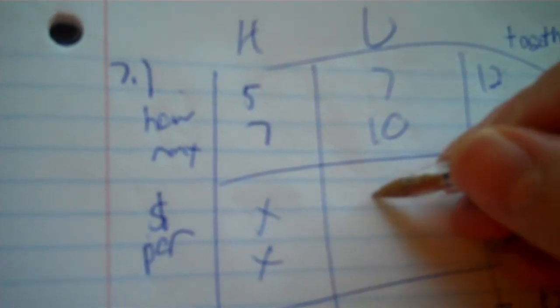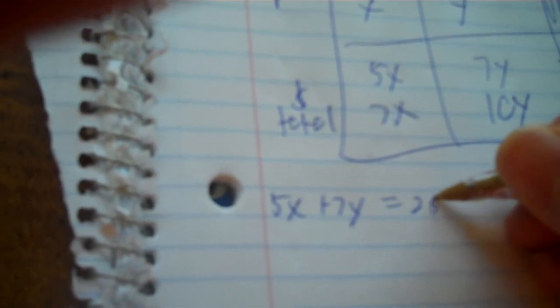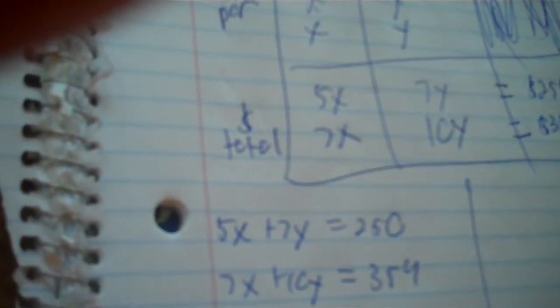Now X, X, Y, Y. So it's going to be 5X, 7X, 7Y, 10Y. So these are your two equations you're going to work with within the system. 5X plus 7Y equals 250. 7X plus 10Y equals 354.